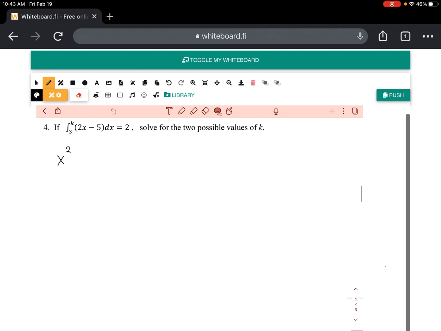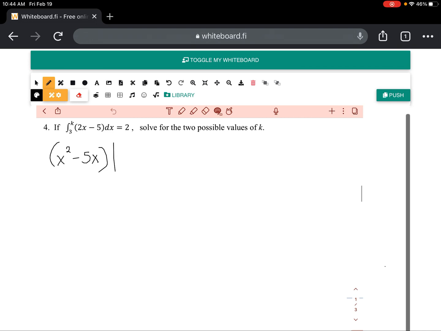And then 2 divided by 2 is 1. Minus, if there's just a constant, it's going to be the constant with an x next to it. It's pretty common. And then we would have a plus c usually. We do not have a plus c because we've got the 3 and the k.